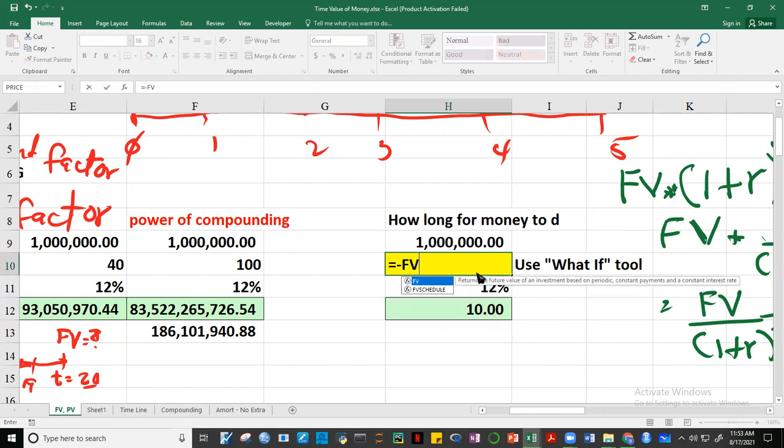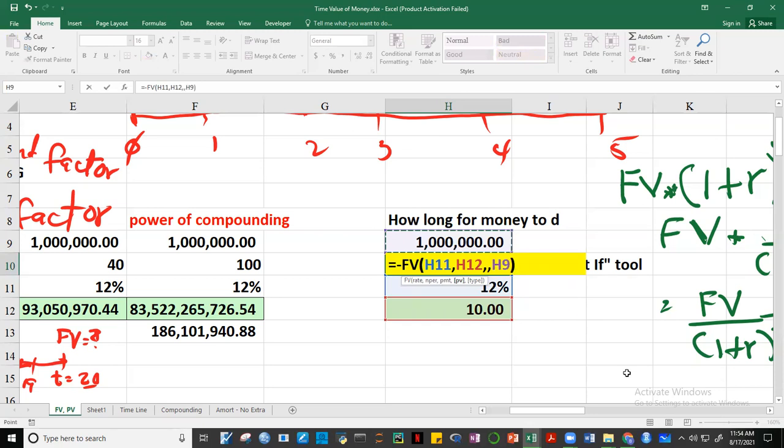So we can compute for the future value. Future value is equal to, rate natin is 12%, comma, and then N per natin number of periods is ito, okay, comma, PMT is ignore kasi hindi naman sa annuity, present value is 1 million. Okay, so that's the computation for our future value.